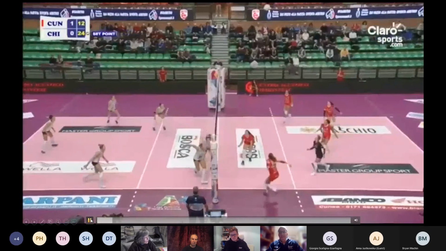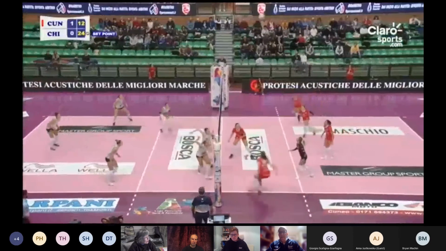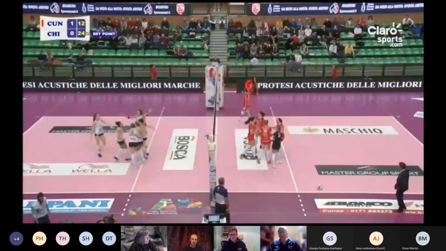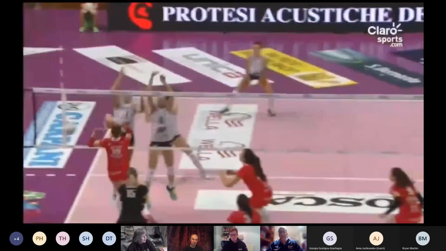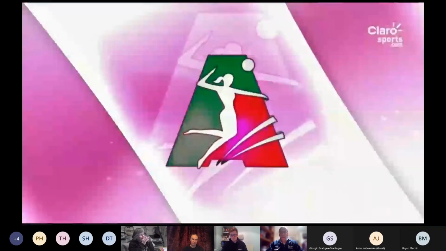In this instance, the ball is clearly out, and as second referees, we've got to be able to be alert to this one, because this could be a second referee decision. It's on your side of the court.